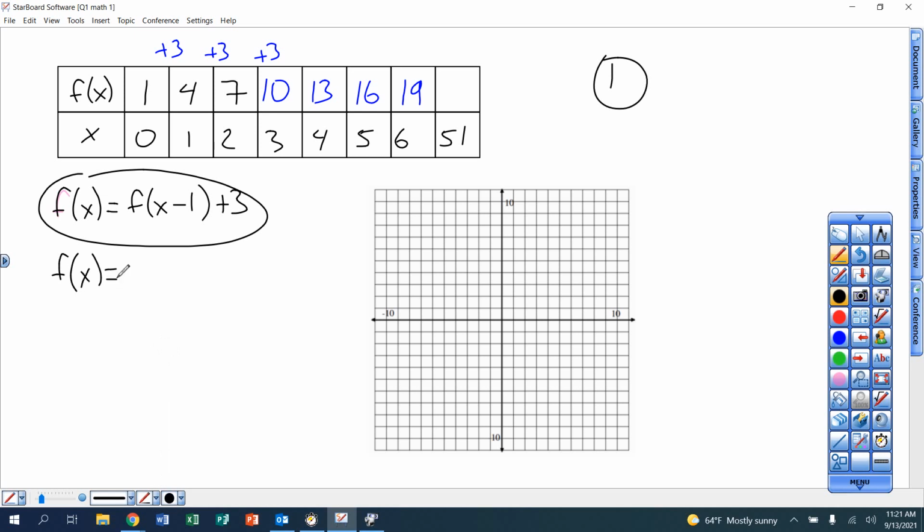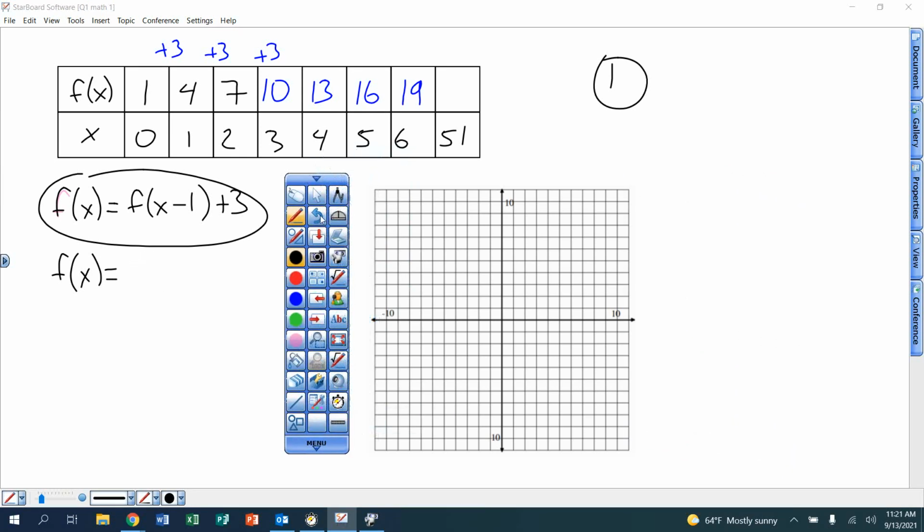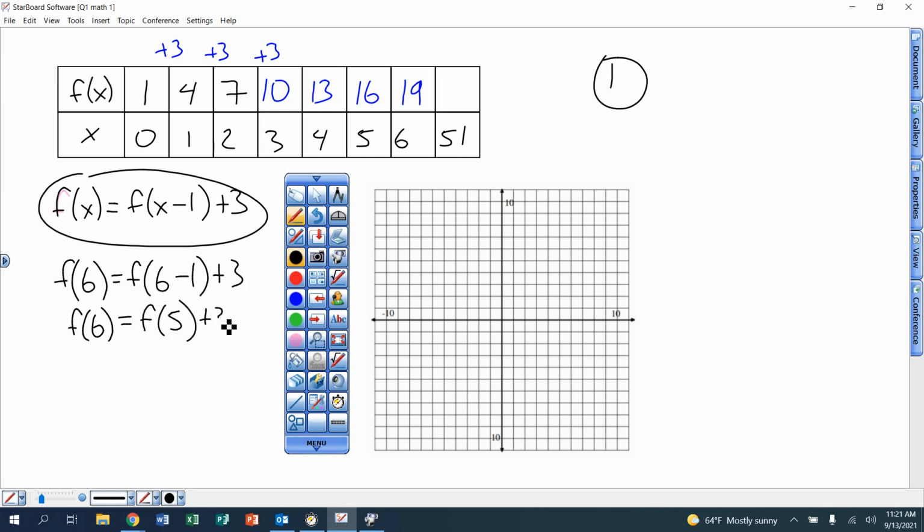Let's find that 6th term by plugging 6 into x. So here I go. So that function, the recursive, plug in 6 right here. Plug in 6 right here. That gives me the function at the 6th term comes from the value of the 5th one, the 1 before it, and just add it to 3.